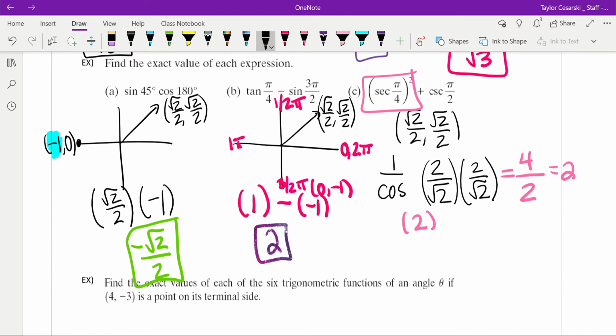All right, next one, I have cosecant of pi over 2. That's up at the top, and that's going to be 0, 1. Cosecant is the reciprocal of sine, which is 1. So 1 over 1 is 1. So 2 plus 1 equals 3.